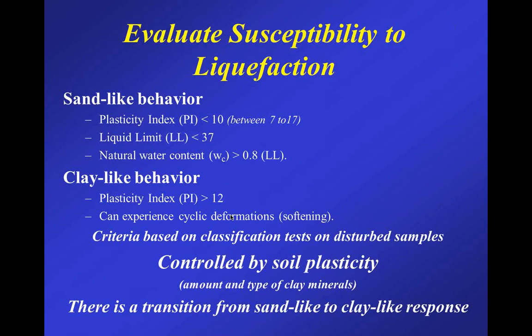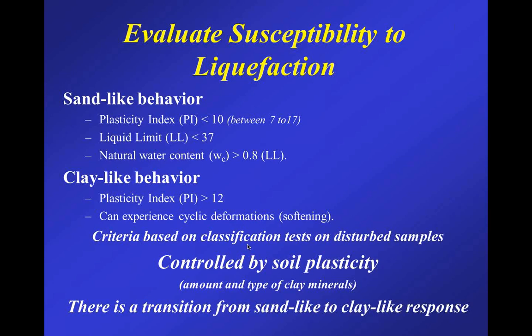Their stress-strain curves tend to be more oval. They don't reach zero effective stress, therefore they don't reach zero stiffness during cyclic loading, so therefore they don't deform as much, but they do deform somewhat. And obviously the amount of deformation is linked loosely to how plastic those soils are and how strong they are.